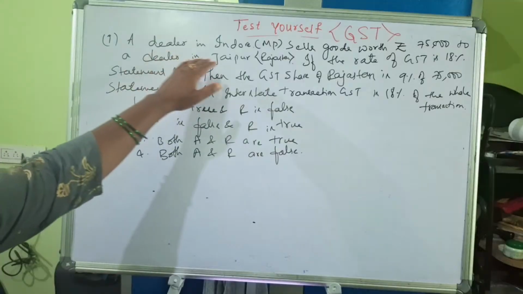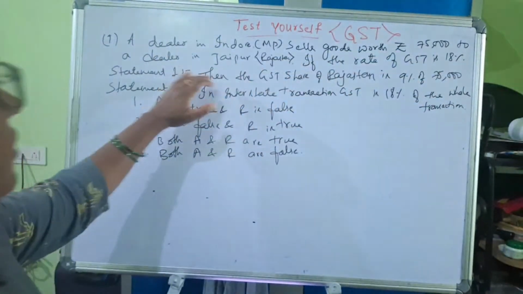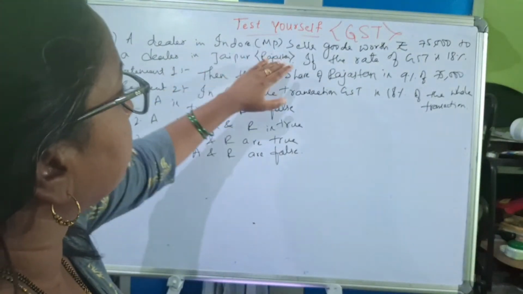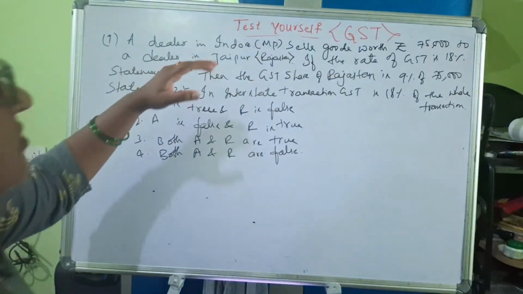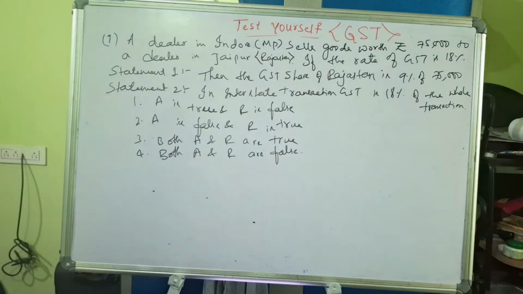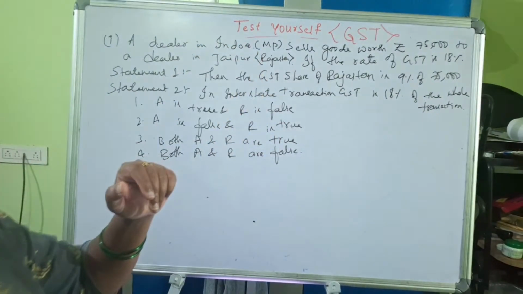So a dealer in Indore sells goods worth rupees 75,000 to a dealer in Jaipur. See, MP and Rajasthan are different states. Then the transaction is an interstate transaction.